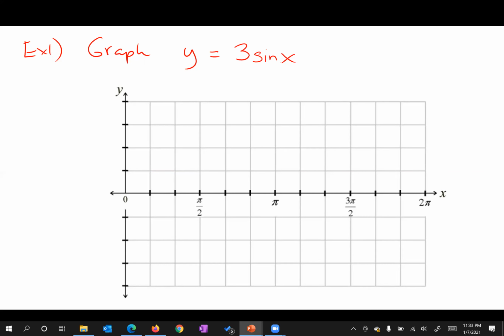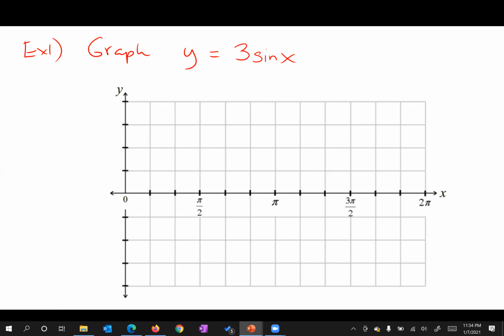If you don't have graph paper, no problem. You can make graph paper out of what you're writing with, or the graph paper that's here. And so let's go for it.